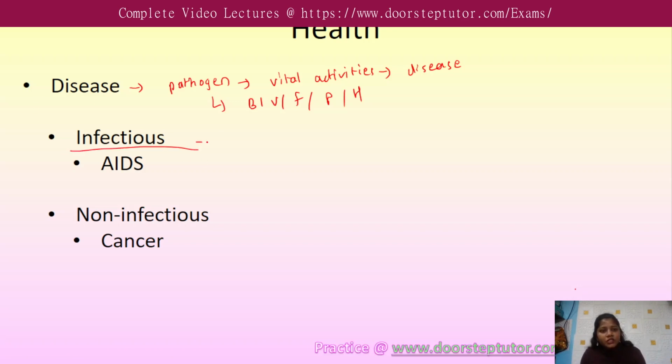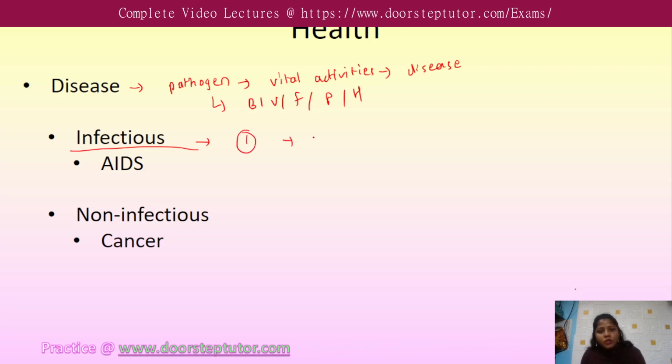First one is infectious, where the disease is passed from person 1 to person 2, known as infectious disease. For example, AIDS.